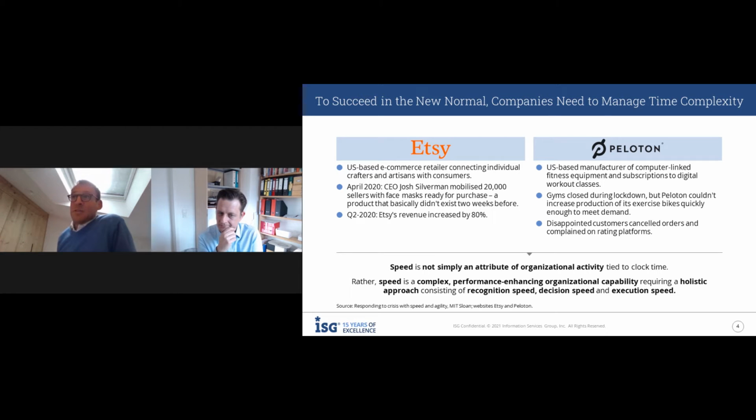Why do we stress this topic? We brought 2 quick case studies today. One is Etsy, a US-based e-commerce retailer, basically connecting individual crafters and artisans with consumers.